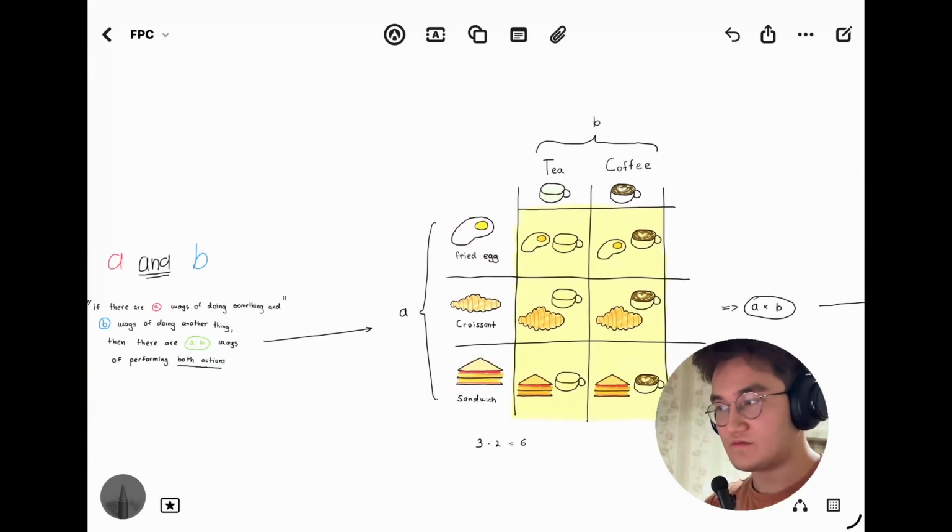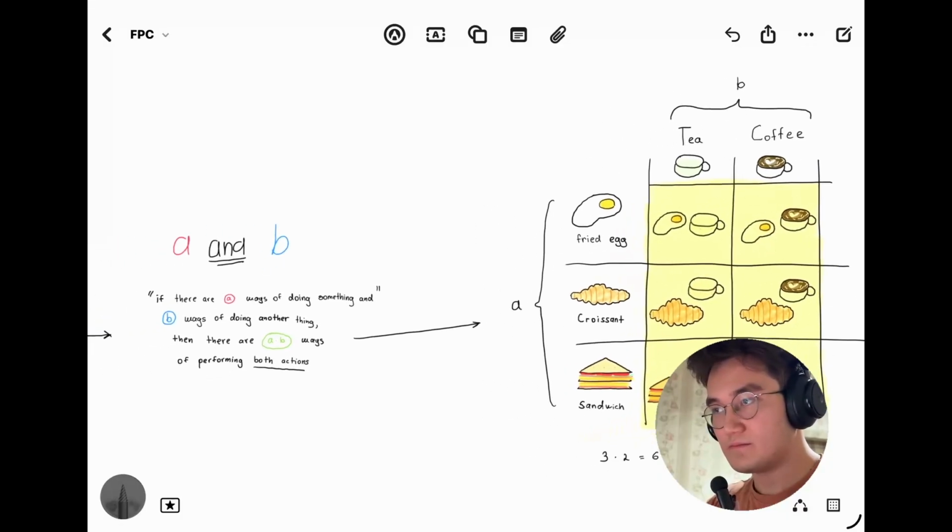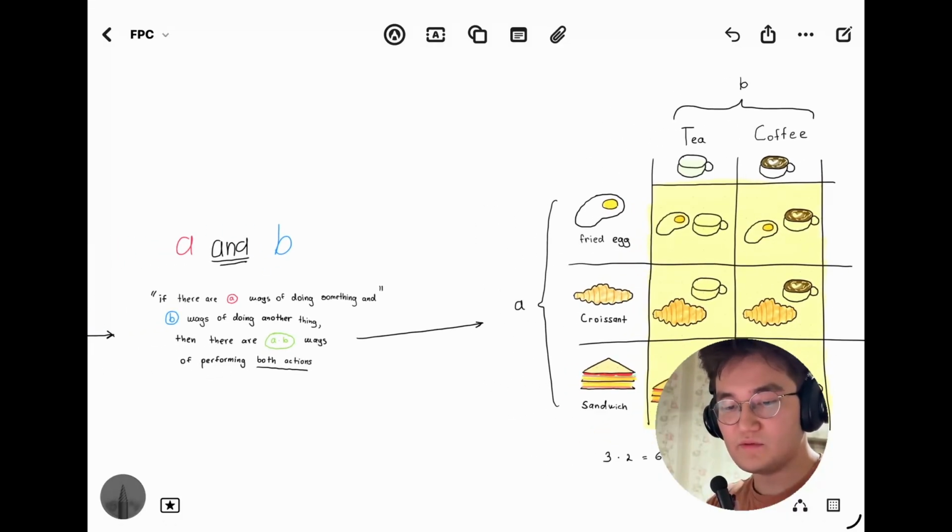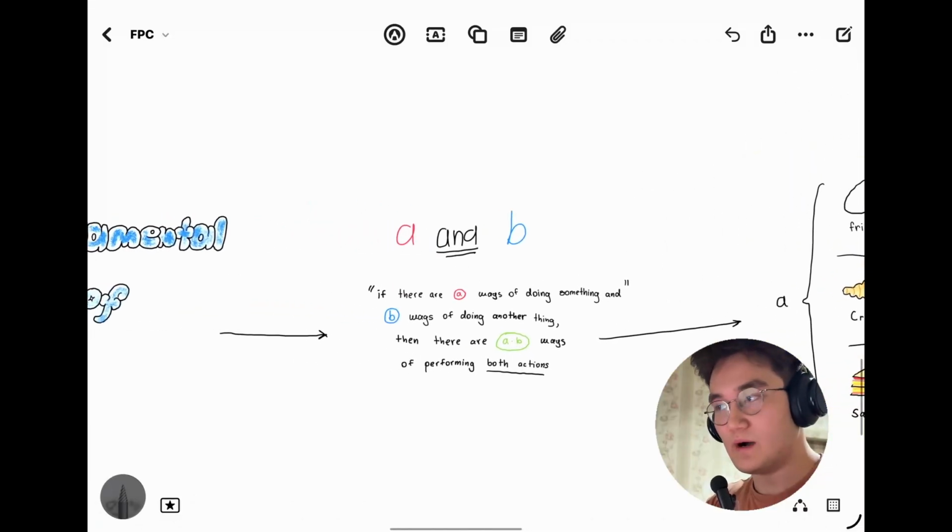So this is the entire idea. It's simple and really powerful.